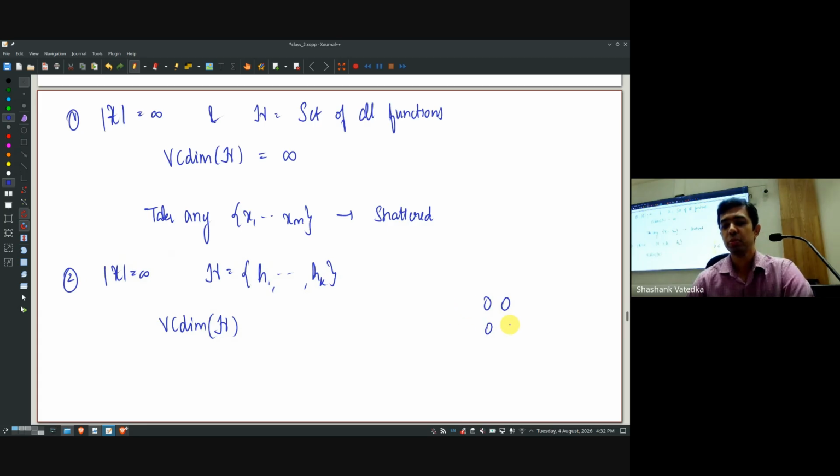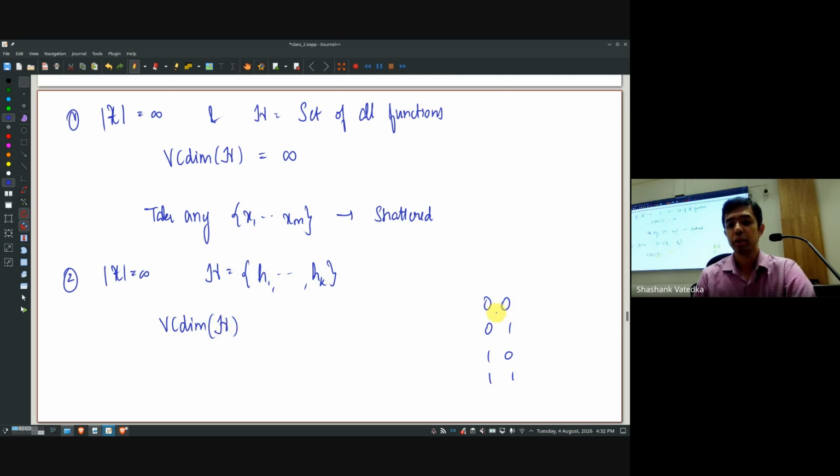Is it possible to generate 4 distinct labelings of these 2 points using 3 functions? You can't, because there are only 3 functions. So there are at most 3 distinct configurations that I can possibly choose. This essentially follows from the pigeonhole principle.